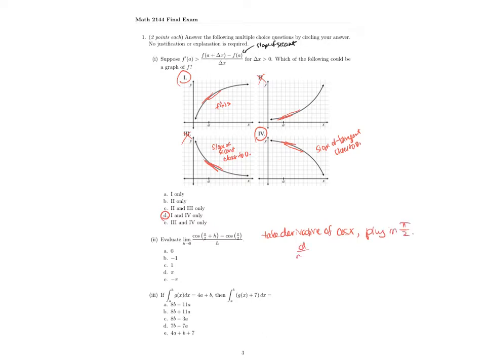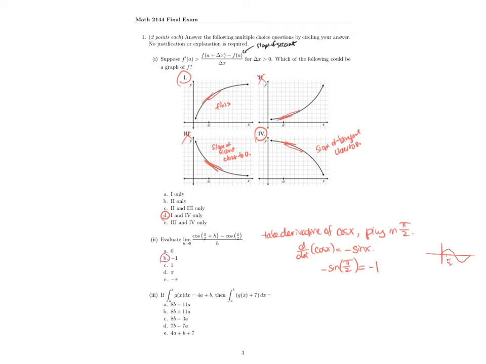The derivative of cosine x is negative sine x, and negative sine of pi over 2 is negative 1. Because if I think of the normal sine function, it looks like this at pi over 2, but I want to flip it over, so I'm going to get negative 1 there.